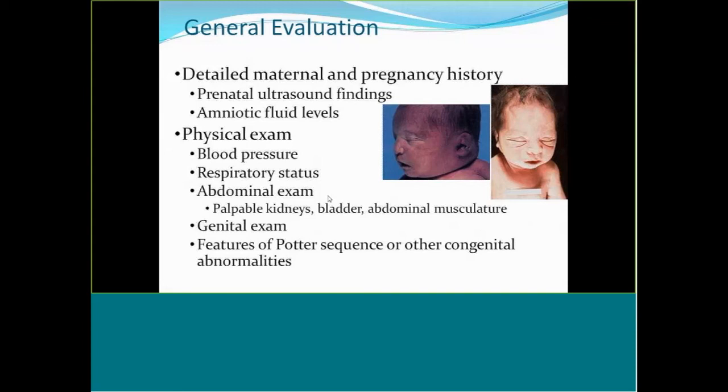So they're not unique to any one particular cause of oligohydramnios. And again, a good physical exam to look for: is the abdominal musculature normal? Can you feel the kidneys? Can you feel the bladder?